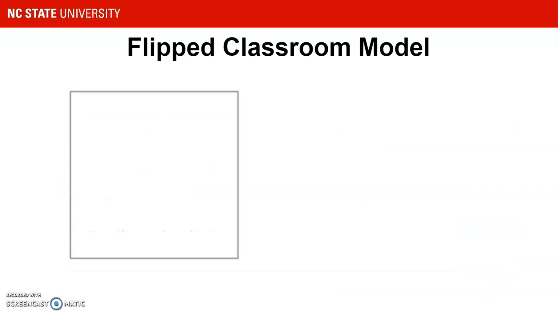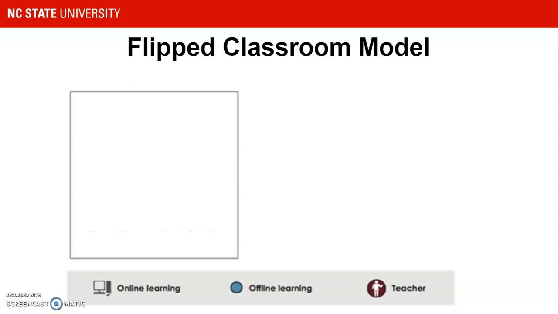The flipped classroom model is a rotation model implementation in which students rotate on a fixed schedule. This schedule consists of two phases. The first phase is done during a typical classroom setting when teachers clarify understanding of the online content to enhance student understanding of the same content with a variety of activities.